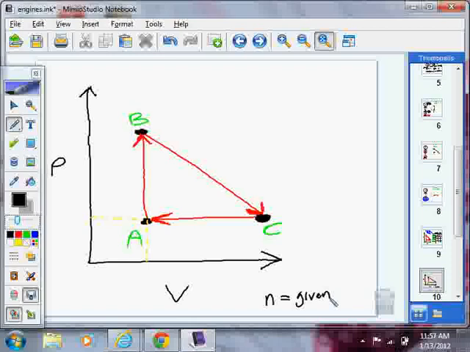The temperature. So, as a little reminder, at each of the corner points, right there you could use PV equals nRT. And for this little corner point, you could use PV equals nRT. And for this little corner point right there, you could use PV equals nRT.